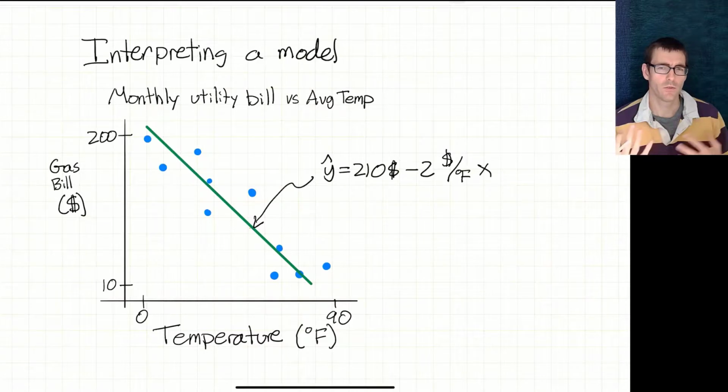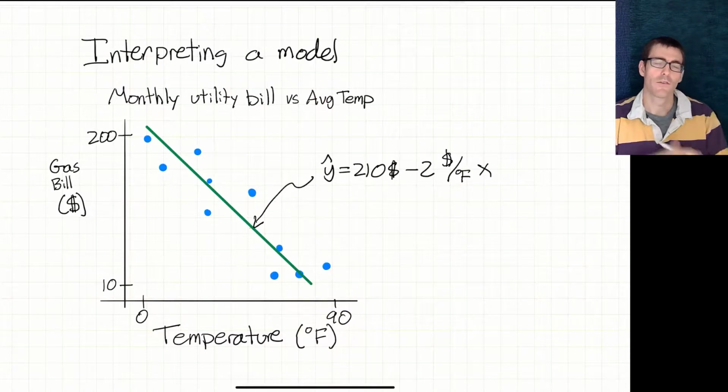We always want to use some sort of wiggle words that make it so that the statement that we're making reflects the idea that this is a model, this is an approximation, and none of these are exact values, but this gives us a rough sense of how the, in this case, gas bill responds to changes in the temperature.